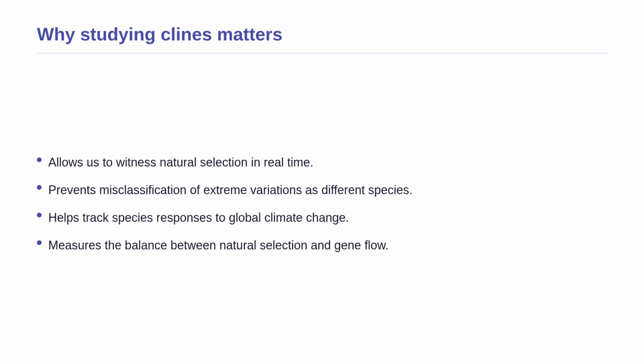Without the concept of clines, we might mistakenly look at the tall plants at the bottom of the mountain and the short plants at the top and incorrectly classify them as two completely different species. Furthermore, clines help conservationists and ecologists understand how species might respond to shifting environments, such as global climate change, by tracking how these trait gradients move over time.